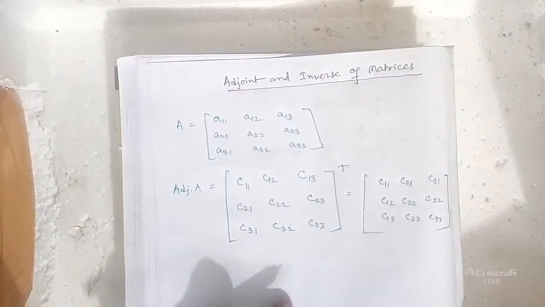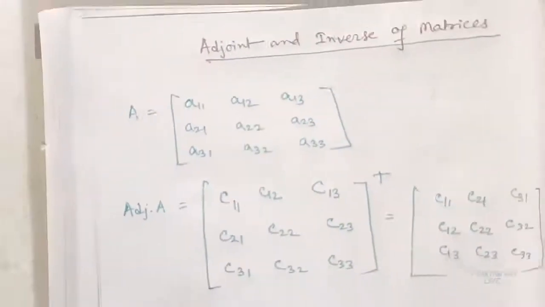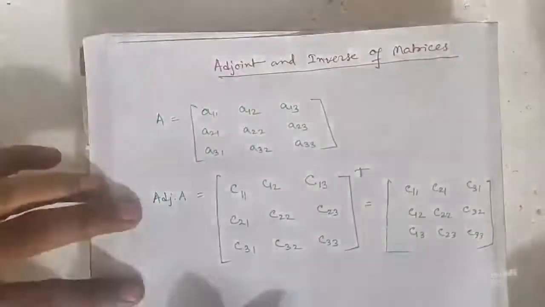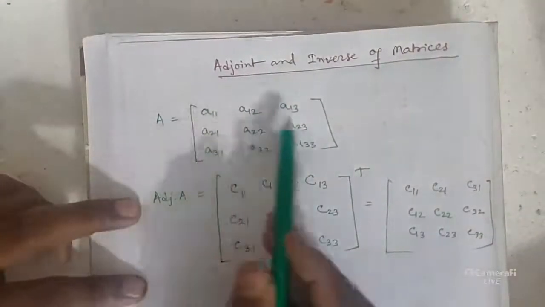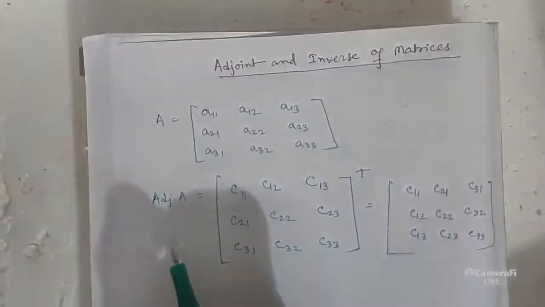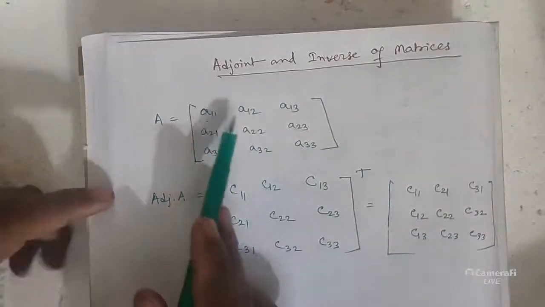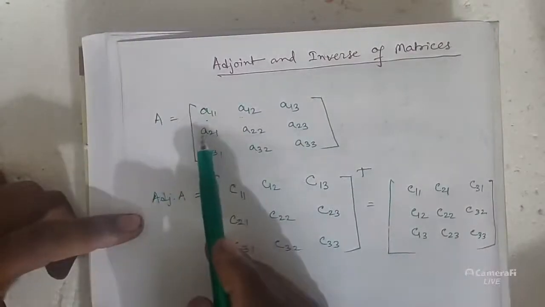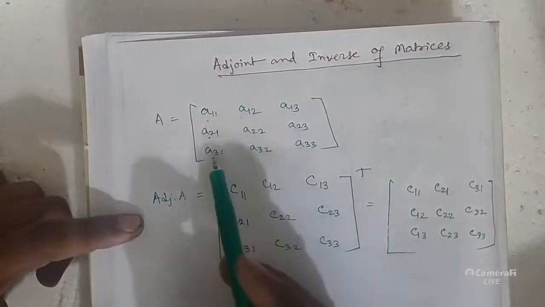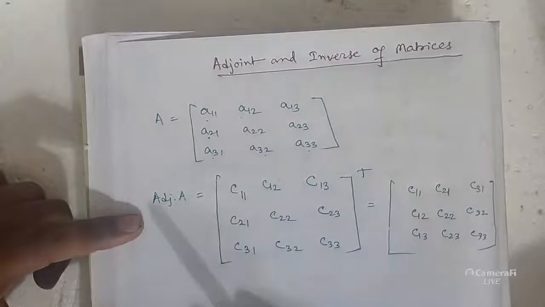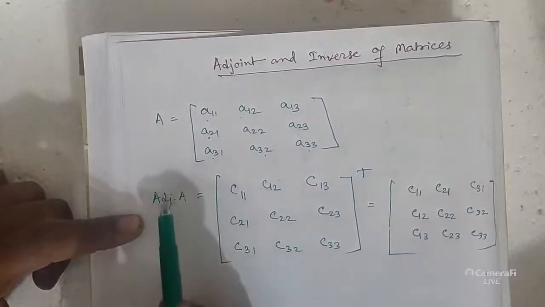Check it again. How to find the adjoint? This A matrix is given. A equals A11, A12, A13, these are the elements, A21, A22, A23, A31, A32, A33. How to find adjoint A?